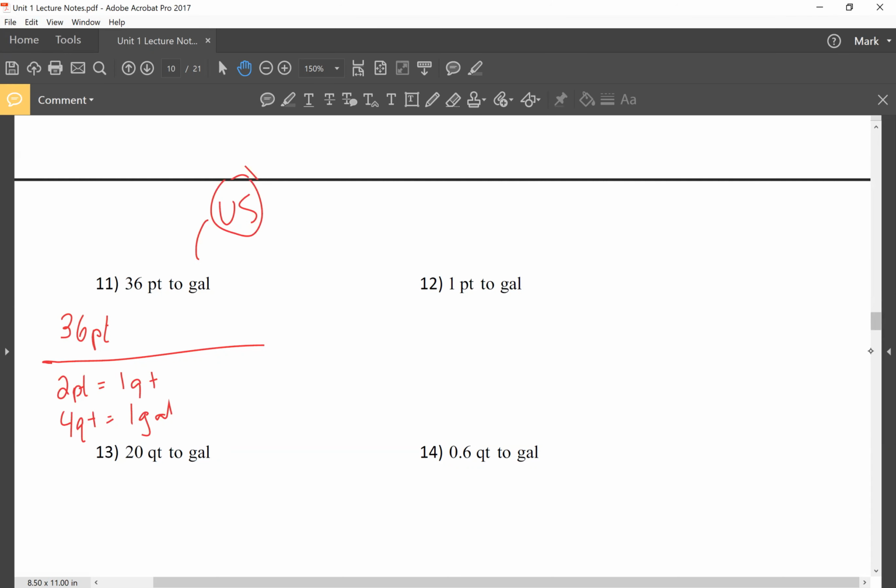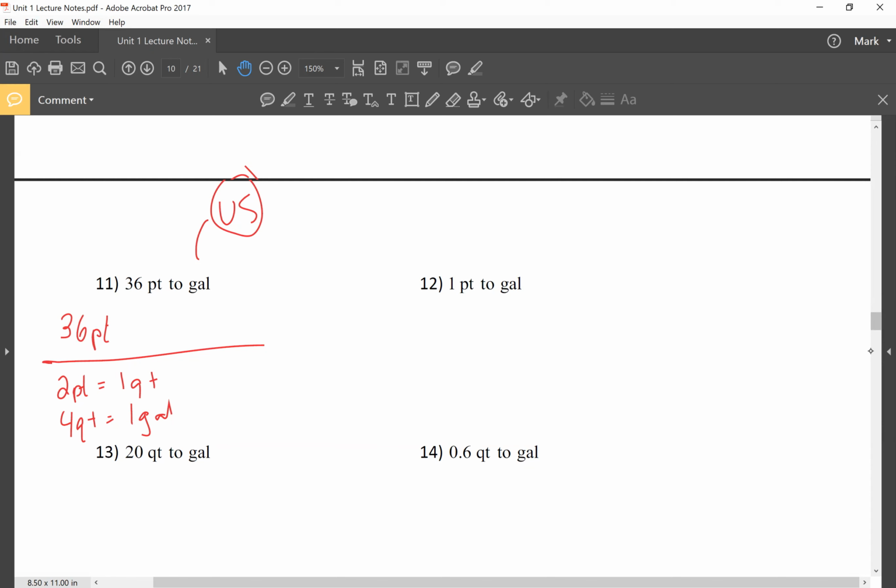Again, unless I tell you that it's United Kingdom, which to be honest, guys, I don't think I'm going to deal with. Unless I specifically say UK, don't worry about the UK gallons. So I'll be focusing on the US one.